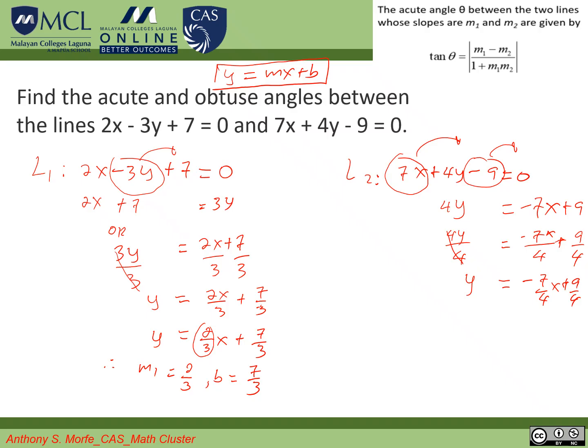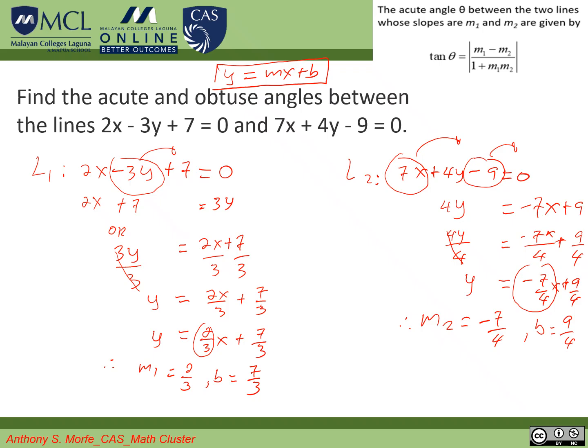Okay, so from here we can say that this is our slope. So m2 equal to minus 7 over 4. We got already the slope, and the y-intercept here, b equal to 9 over 4.